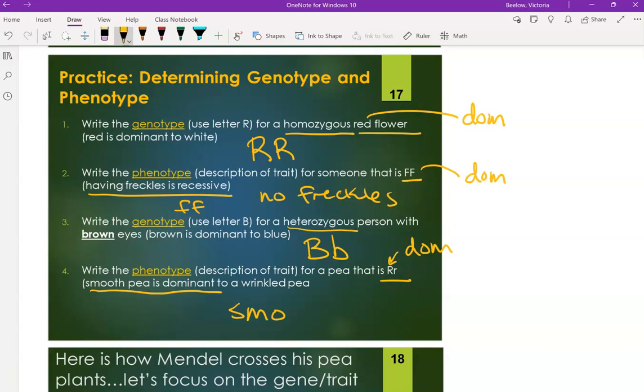So this P would be smooth. The only way to have a wrinkled P would be if it was little r.